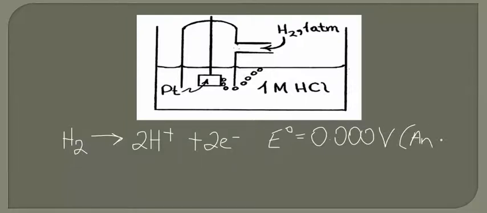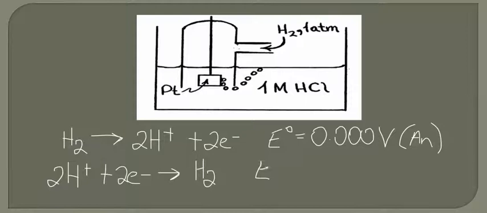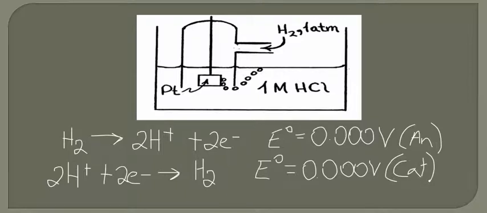This is used as the anode. If the SHE is used as the cathode, we're going to flip this equation around. But again, the standard reduction potential, E°, is 0 volts. So this is the standard to which we can compare other half reactions.